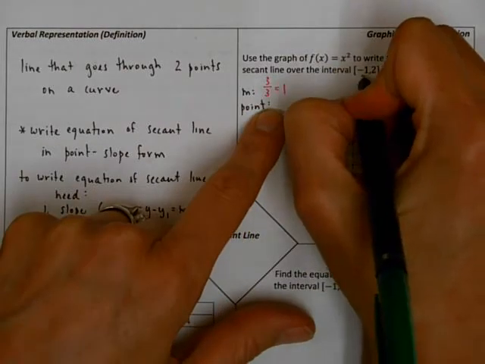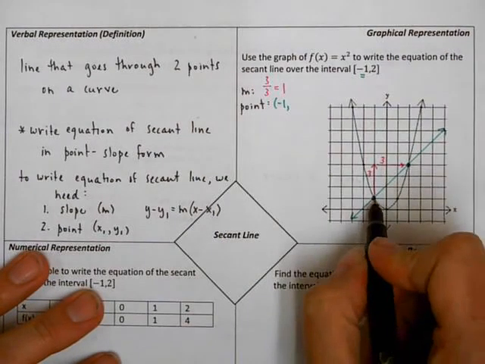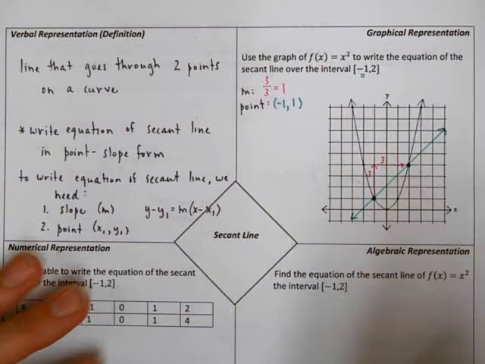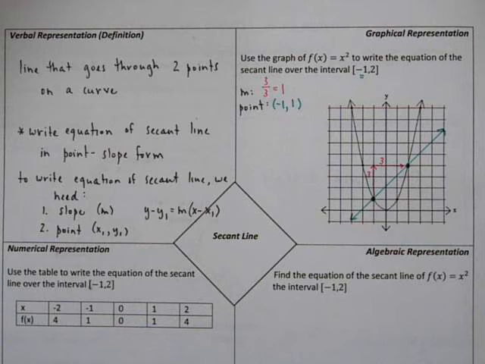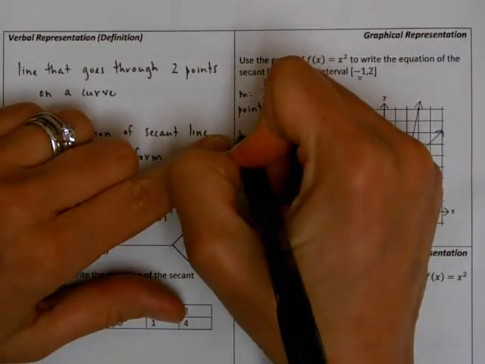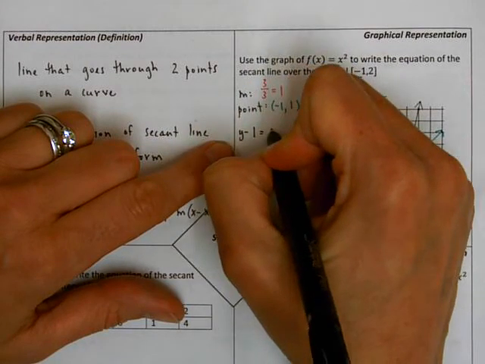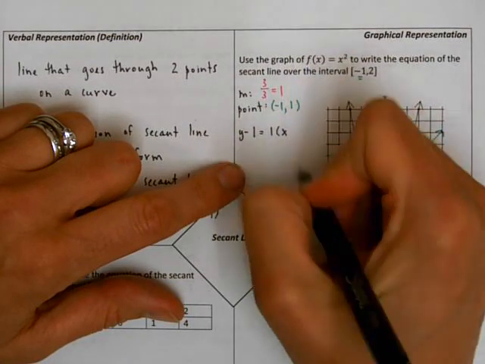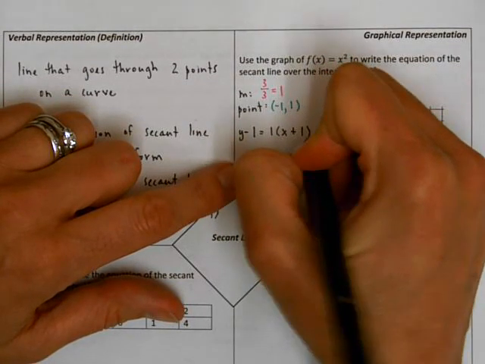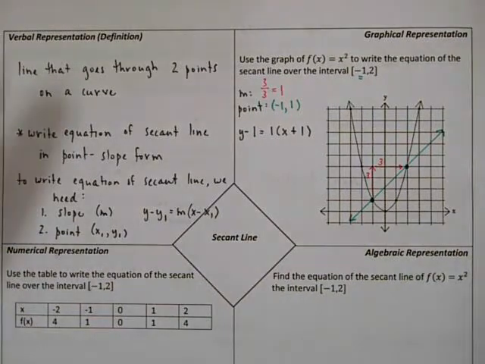Let's say I started with this x value. When x is -1, we found our y value is a positive 1. So if I use this information, my equation could look like this. Y minus my y value, which is 1, equals my slope, which is 1, times x minus my x value, which is going to make that x plus 1. So that's one possible equation of the secant line in point slope form.